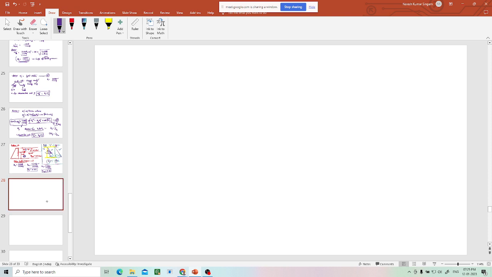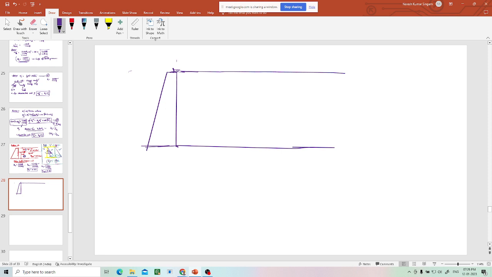I'll roughly draw it again. Layer 1, layer 2.